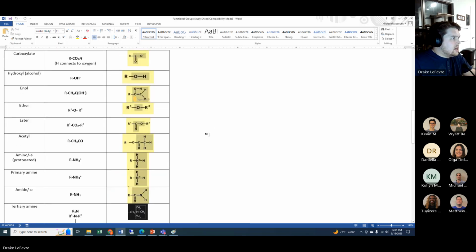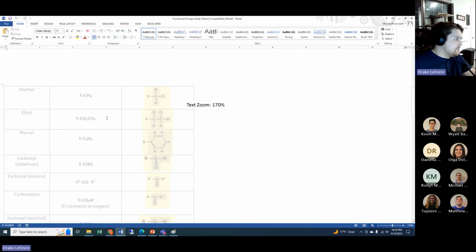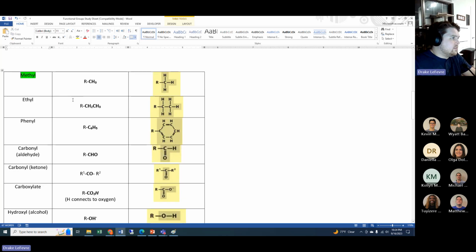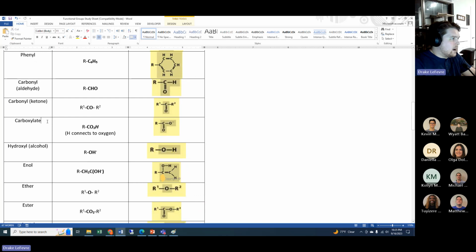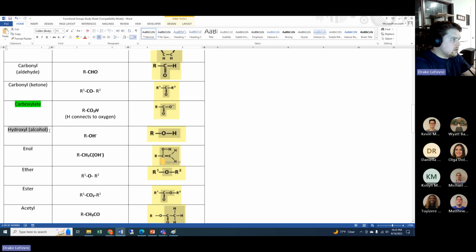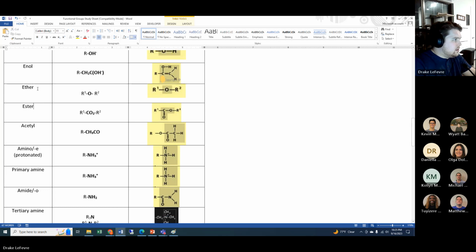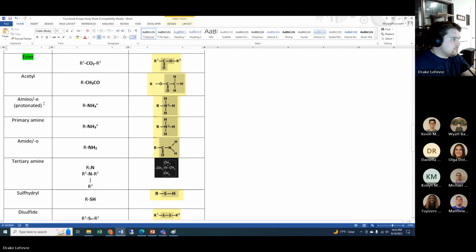So what I would recommend is learning the ones that continuously pop up. For example, I'll highlight the ones that frequently pop up. Methyl is a big one. The carboxylate pops up a lot. Hydroxyl, aka the alcohol, pops up a lot. Ester will come and go, will pop up a bit.